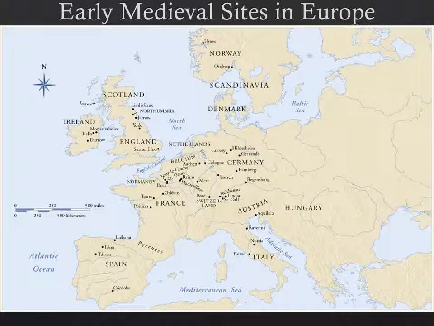So let's start by looking at this map and getting an idea of where we are geographically. Of course, you can see Rome in Italy, and then everything north of that. We'll be jumping around different places in Northern and Western Europe. So we're talking about the artwork and cultures that arise after the fall of Rome. We want to consider the fall of Rome roughly around the year 410.